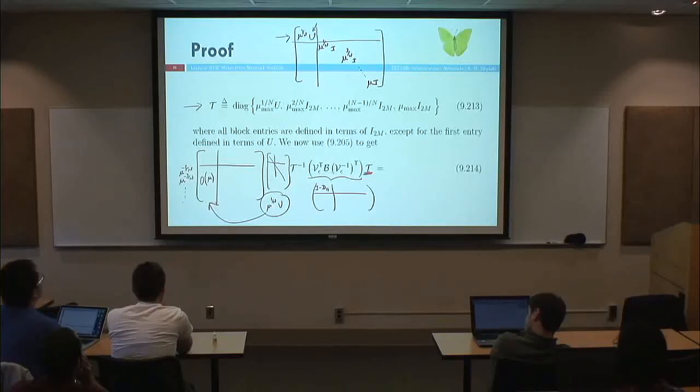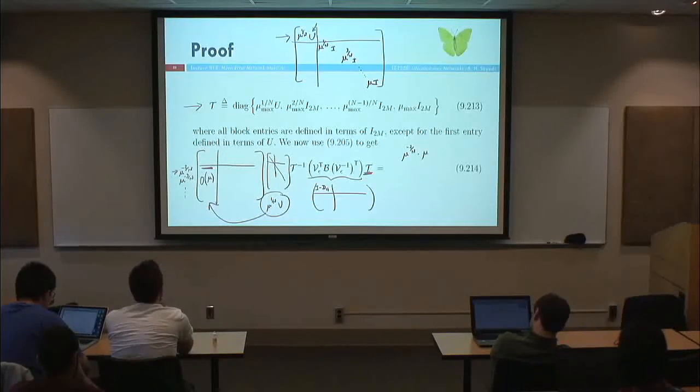So if you take this entry here, multiplied from the left by mu to the minus 2 over n, and then you have a mu there, you will find that this particular entry is of the order mu to the 1 minus 1 over n, which is n minus 1 over n.